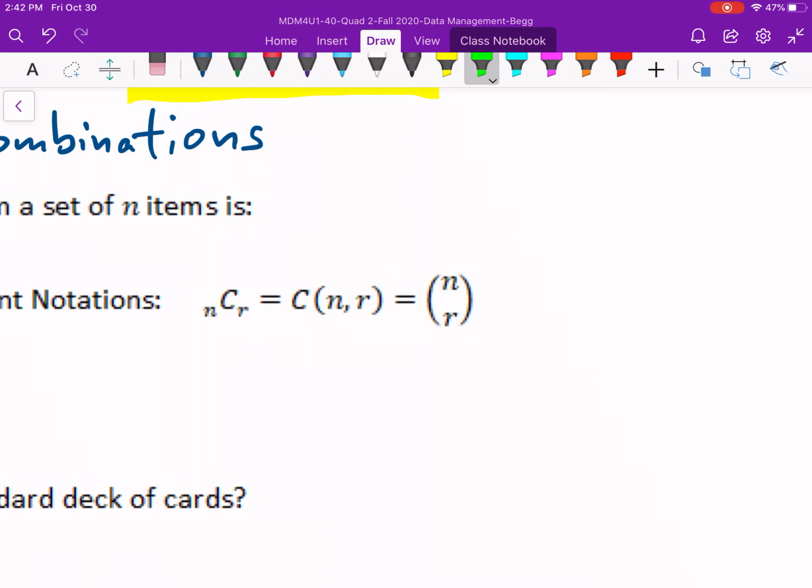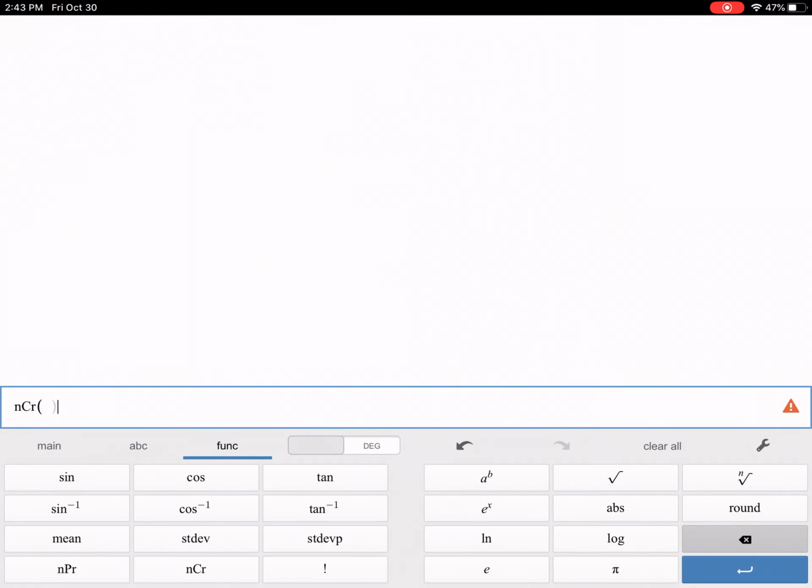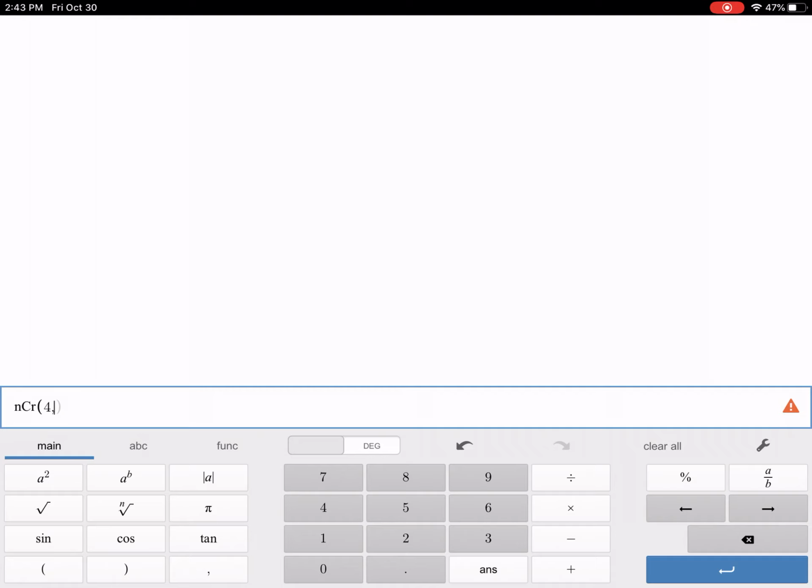The one that this calculator happens to use is a variation on this. It says nCr and then puts n and r in brackets. So that's the way I'm going to type it in, nCr. Inside the brackets, I wanted 4 choose 3, 4, comma, 3, in brackets.